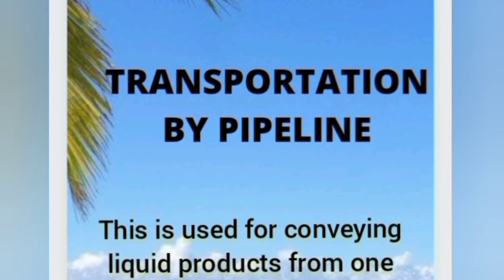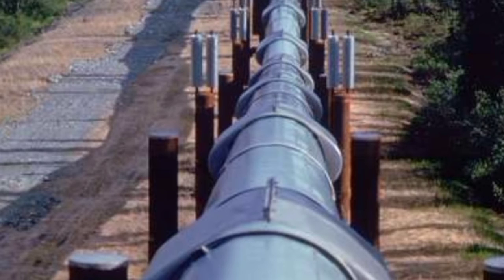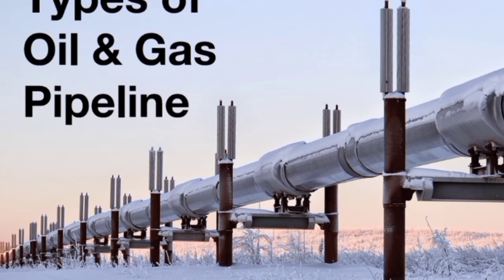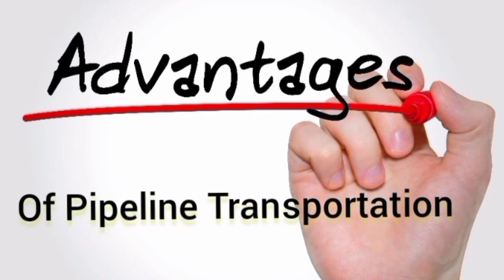Now, transportation by pipeline. This type of transportation is basically used for conveying liquid products, not humans. It is used to convey liquid products. All right? It is basically used within the same country. Now, like petrol.